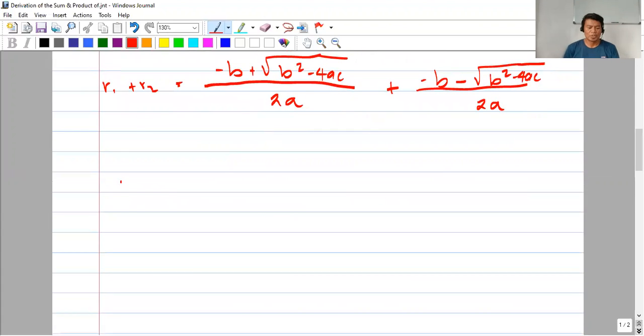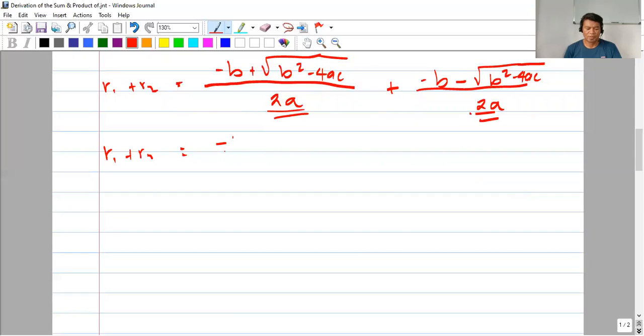Again, our formulas for r1 and r2 are fractions, and these are two similar fractions. So we follow the rule in adding similar fractions: we copy the denominator and add only the numerators.